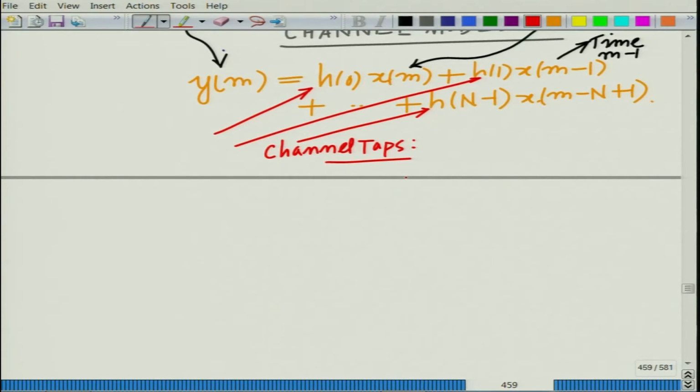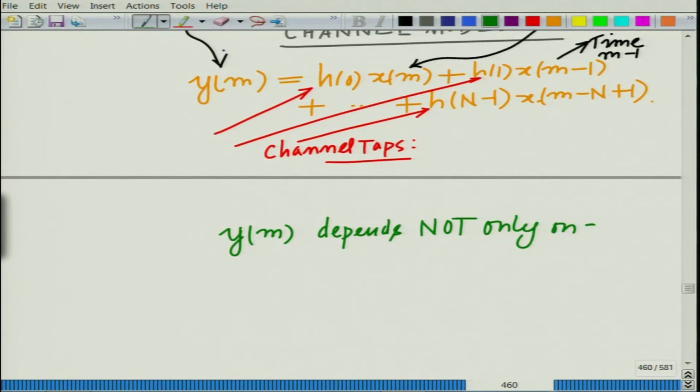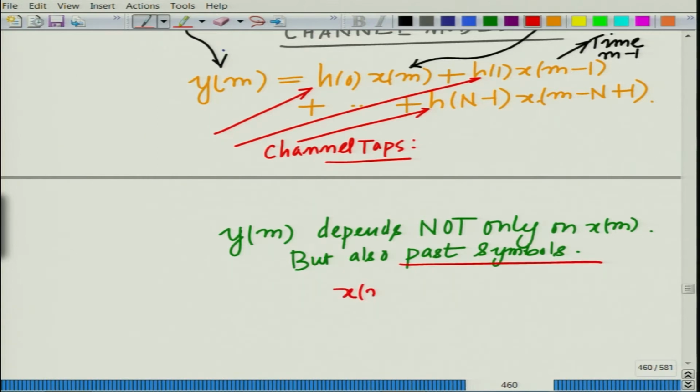So, y m, it can be seen easily, depends not only on x m but also on the past symbols x m minus 1. So, these are your past symbols.